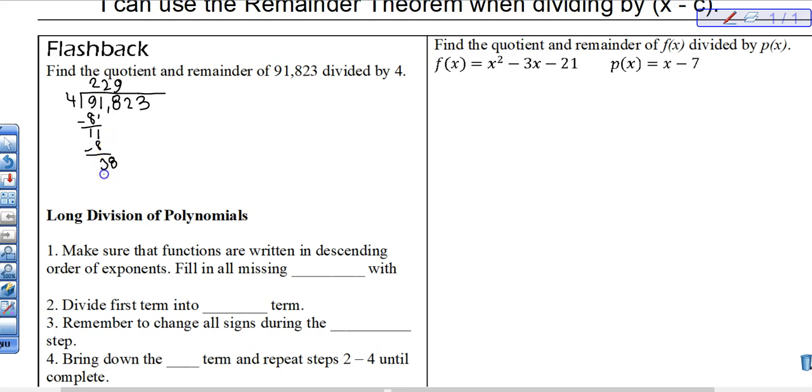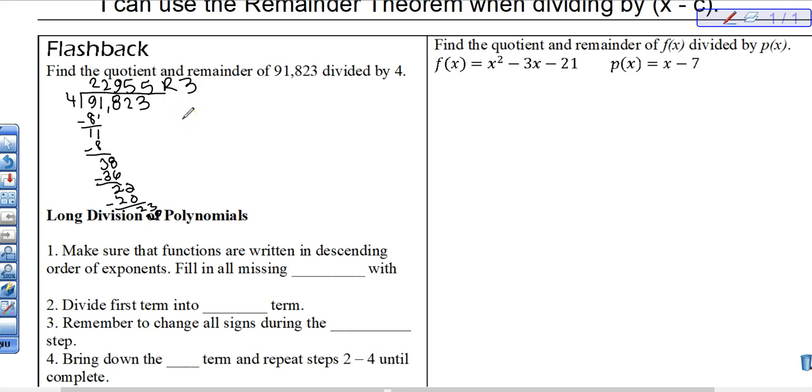I like it. 9 times 4 is 36. We subtract. That's 22. Bring down the 2. 4 goes into 22 5 times. 5 times 4 is 20. We subtract. That's 2. Bring down the 3. I am out of space. 5 times again. 20. Remainder. There it is. Okay, so this is the process that we're going to go through.